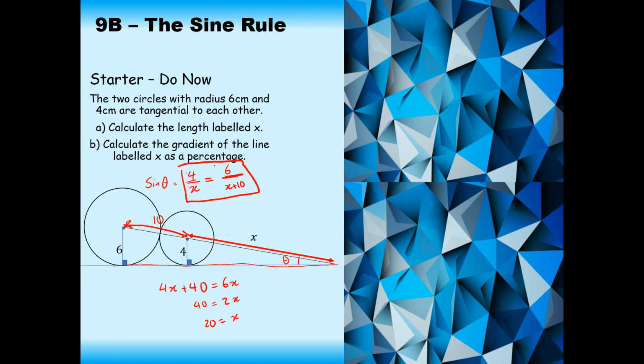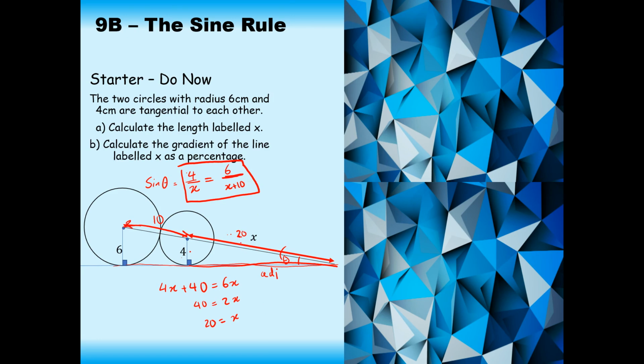Now, if you look at part B, calculate the gradient of the line labeled x as a percentage. So what they're saying is to use the ratio that you just found. Now we know x is 20 and 4 is the opposite side. Gradient as a percentage is just rise divided by run. So we just need to figure out the bottom side, or adjacent side, of this triangle, and to do that you don't have to use trigonometry.